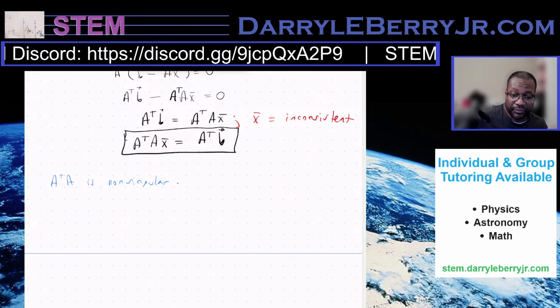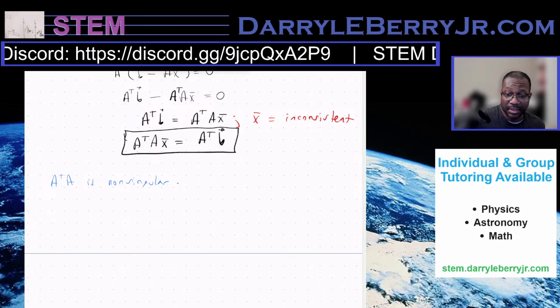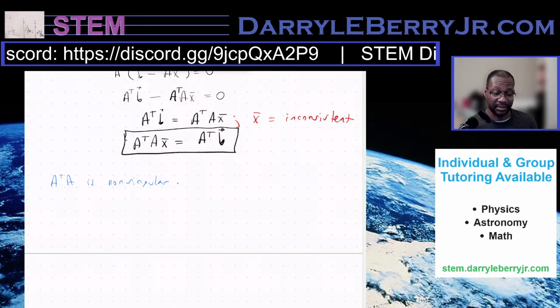An n by n matrix of rank equals n is called non-singular. An n by n matrix of rank less than n is called singular.